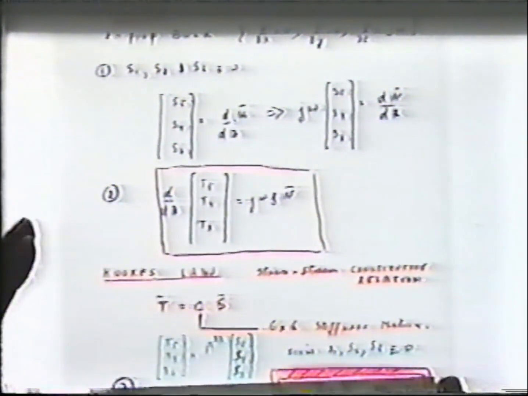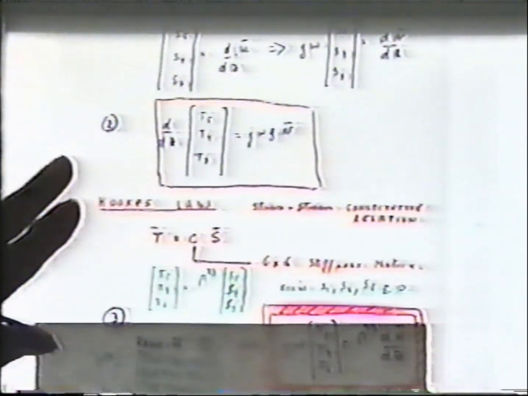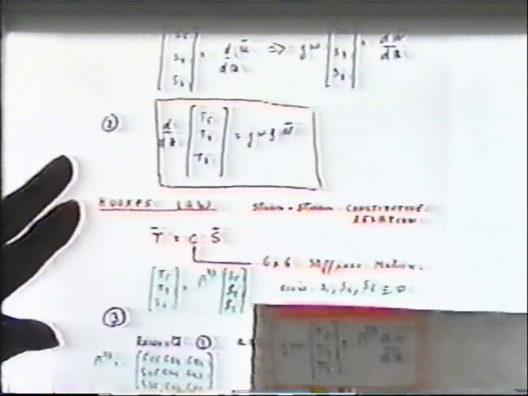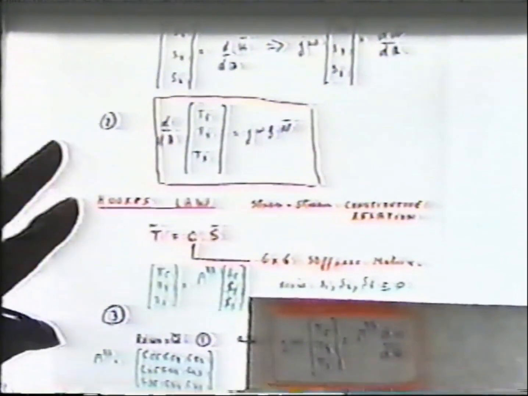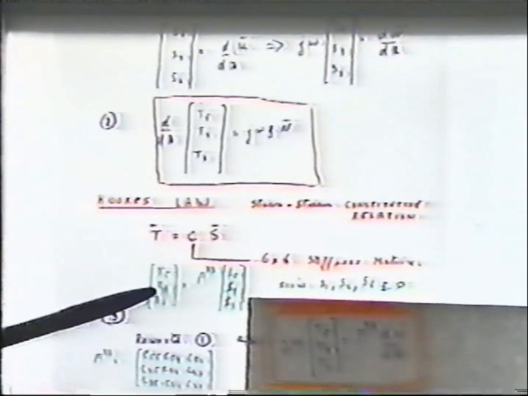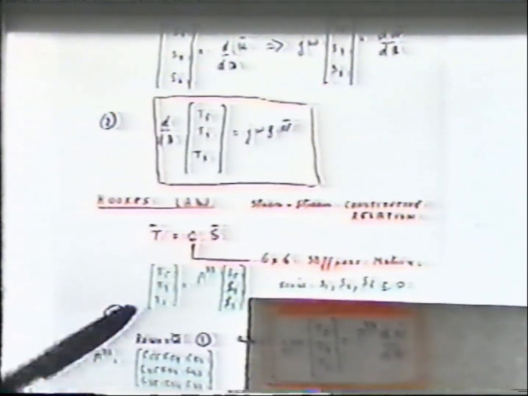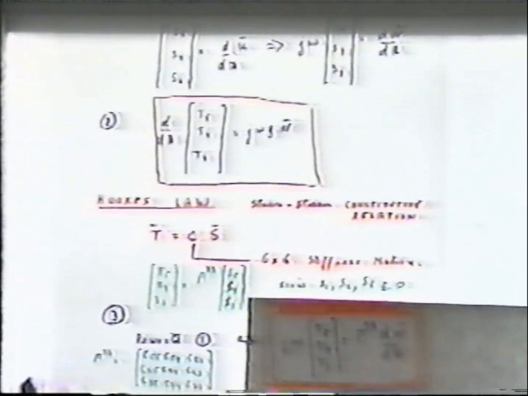Well, let's look at that a little bit more closely. This gamma 3,3 relates T5, T4, and T3 to S5, S4, and S3.